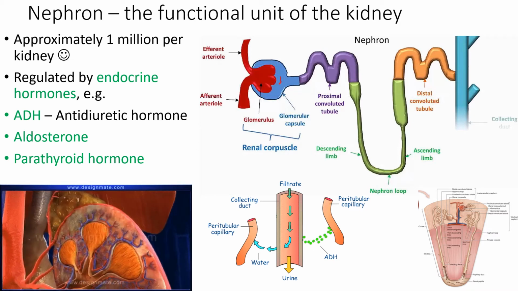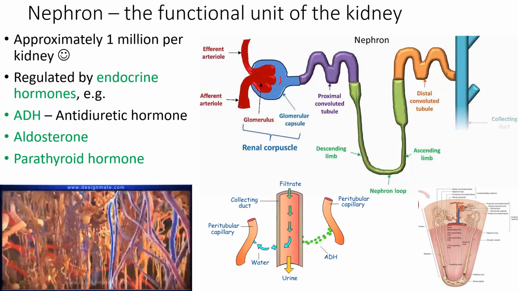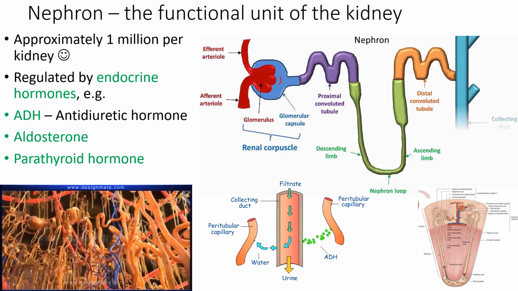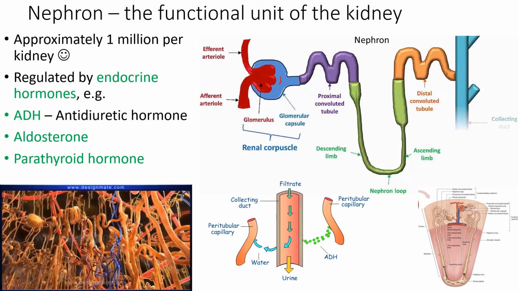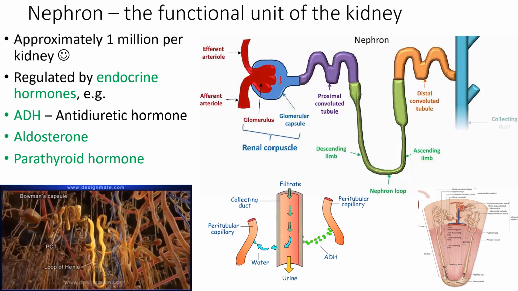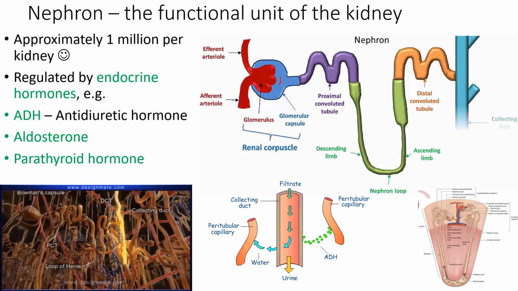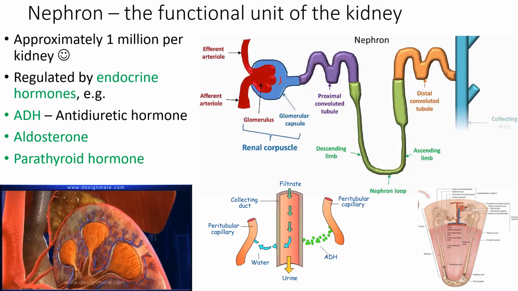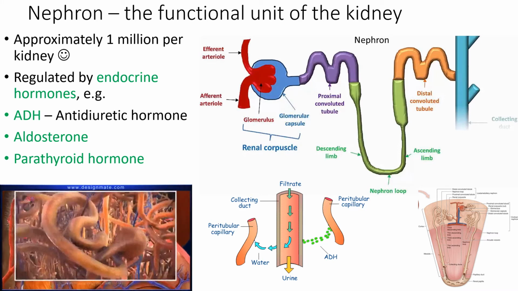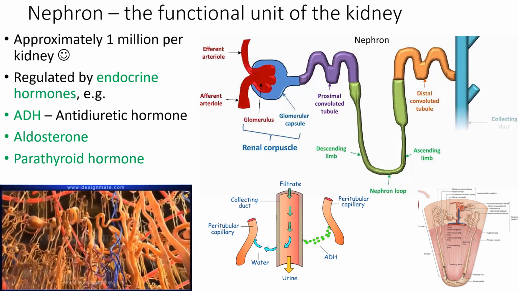Okay, actually, aldosterone forms part of the thing called the renin-angiotensin-aldosterone system, or the RAS. So this is how your body maintains your blood pressure. It's pretty cool. What happens is you've got little cells that live near your glomerulus called juxtaglomerular cells, and they can detect changes in blood pressure.